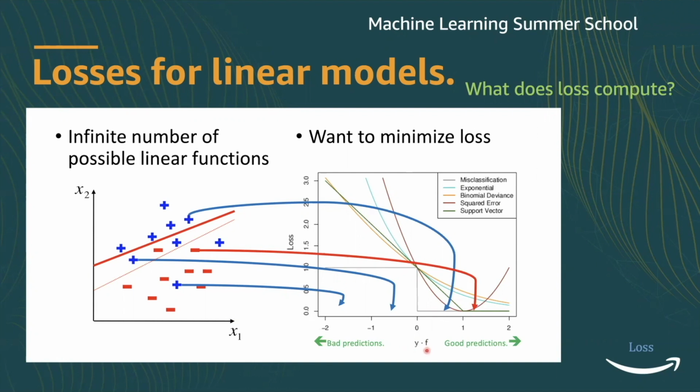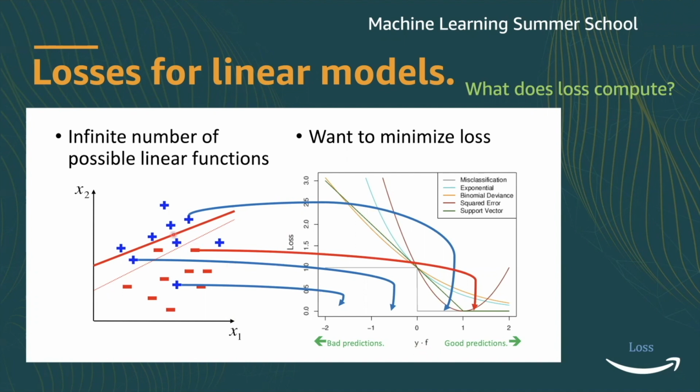Since it's a classification problem, the score is the sign of w transpose x, the sign of the model prediction f of x, and y is the true value.